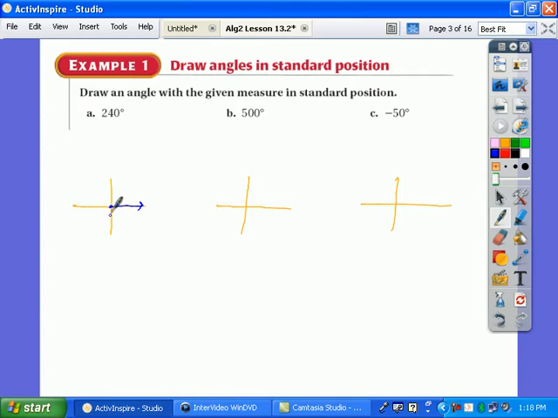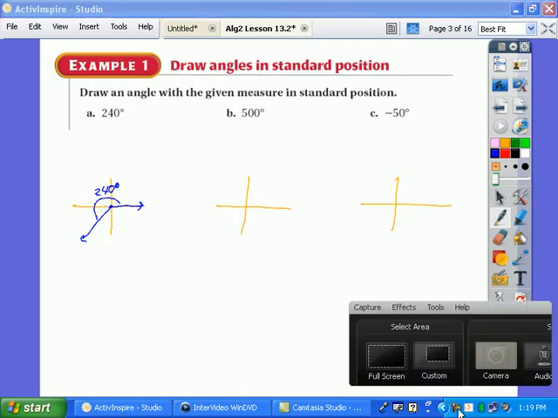So maybe something like this, and this is 240 degrees. Again, our initial side comes here, and we bring it all the way around, and that's our terminal side.